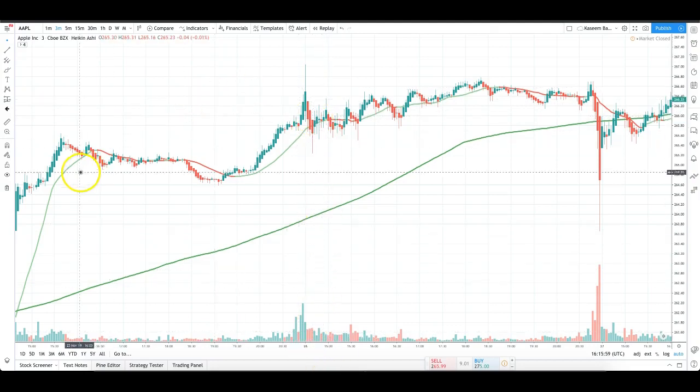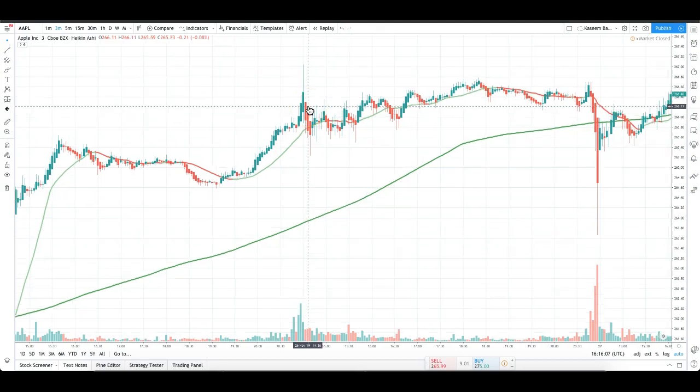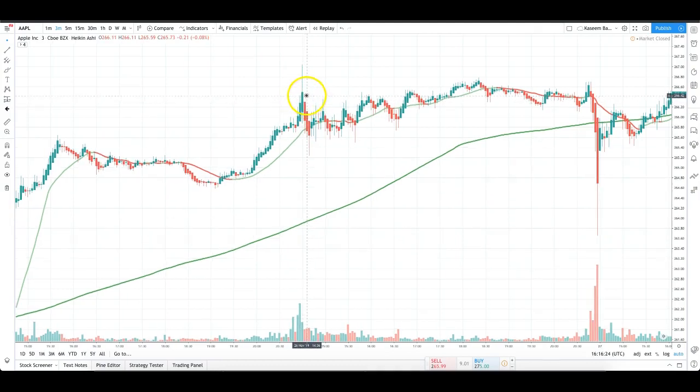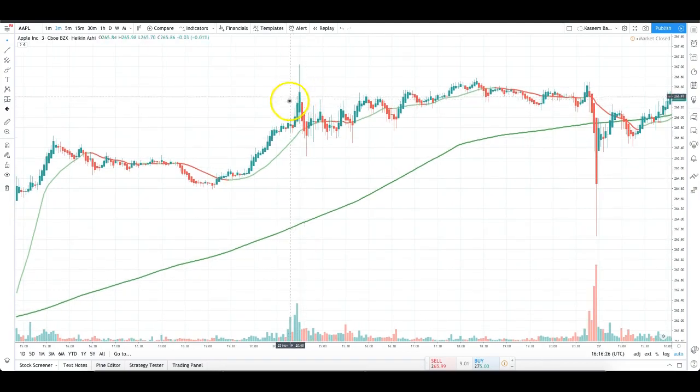Depending on your comfort level and what your trade parameters are, money management, risk management. If you don't know what that is, I'm still going to do a video about that in the future. Depending on your risk tolerance, you can decide where you would want to get out at this point.